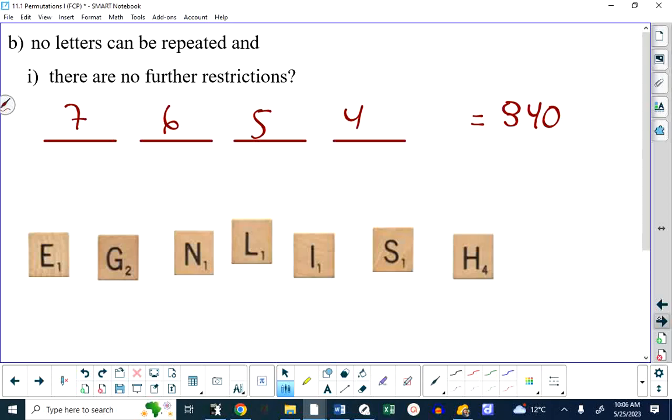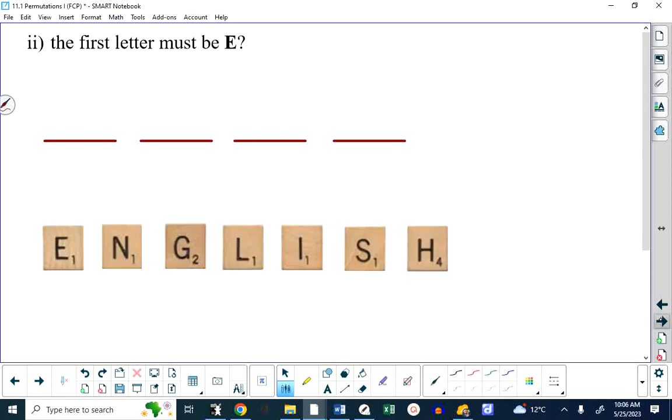What if no letters can be repeated and the first letter must be an E? Well, that means we can put below the 4 blanks, must be an E here. And again, it doesn't matter. It's not a total free-for-all.